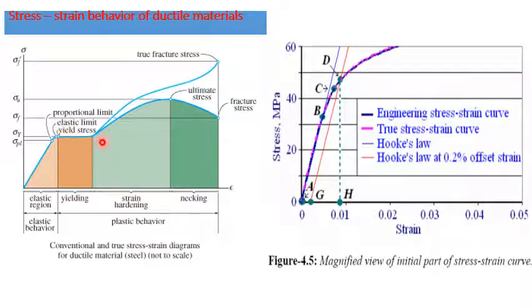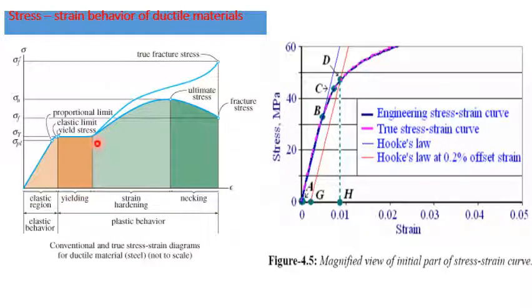Once the arrangement completes, they again start showing resistance to the applied load. You can see the line starts increasing again here, and the strain in the material starts increasing. The region in which proportionality appears is the elastic region, and the region where the metallic bonds break up and rearrange themselves is yielding.